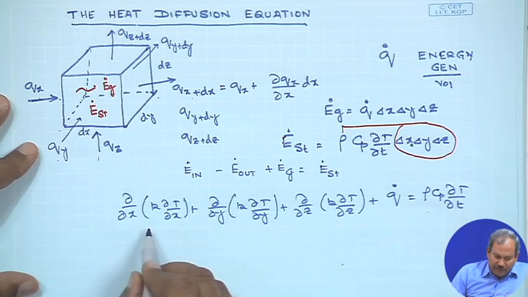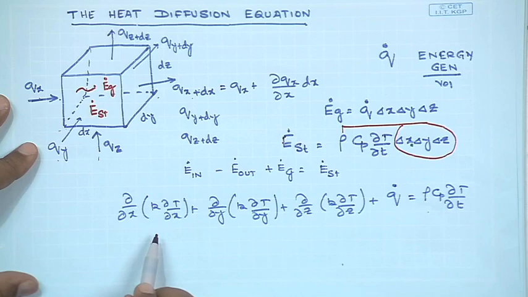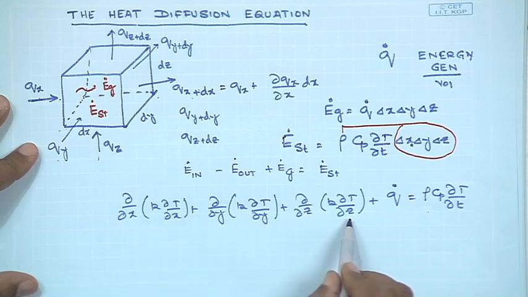This is the amount of net conductive heat flux into the control volume from the x direction, from the y direction, and from the z direction.